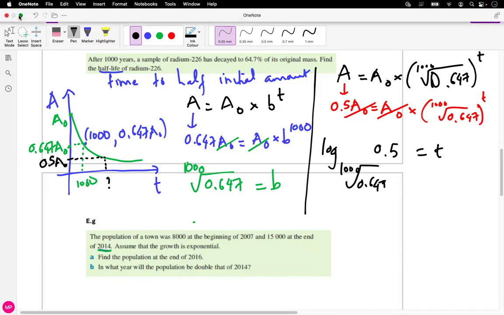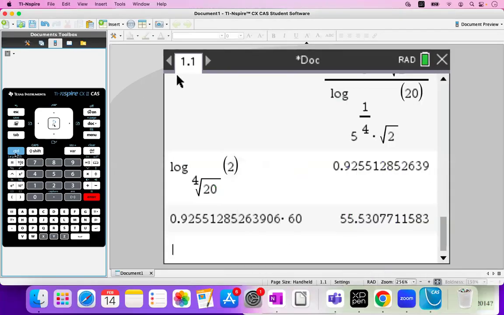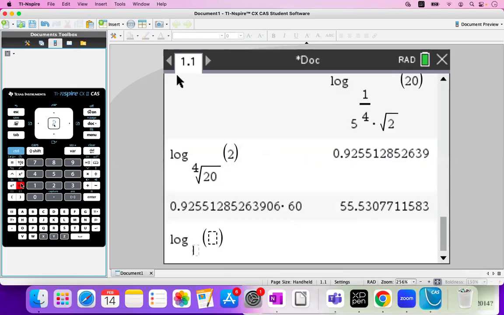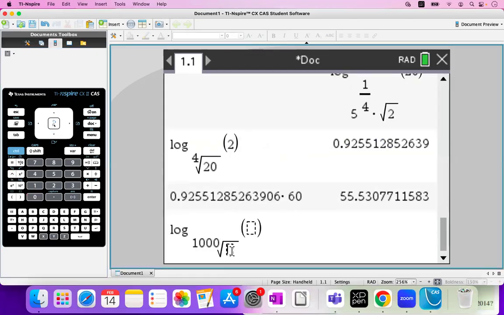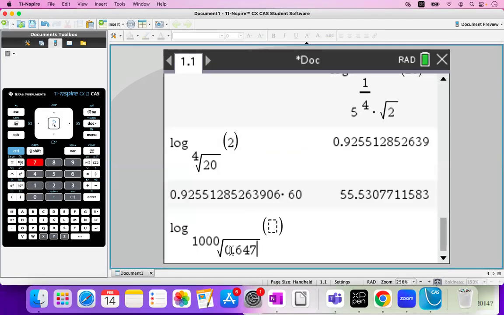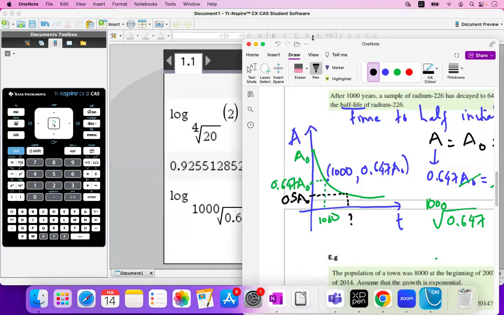And from here, I just put this on my calculator. So I have log, and then I do base the 1,000th root of 0.647 of 0.5 here. And that gives me 1,592 roughly.